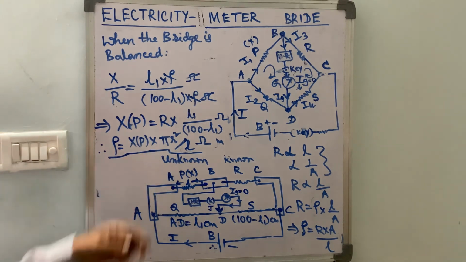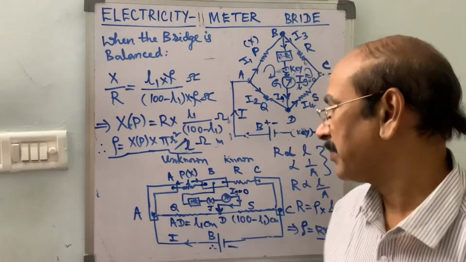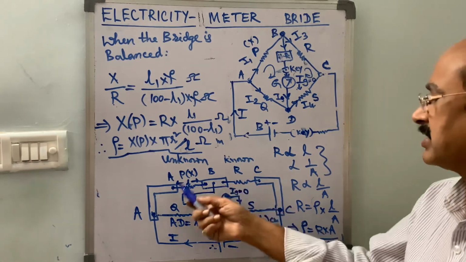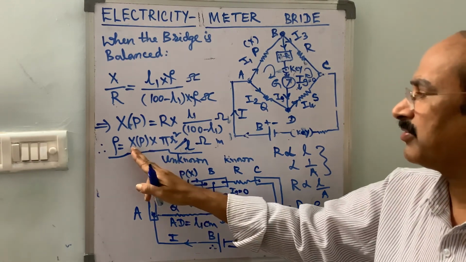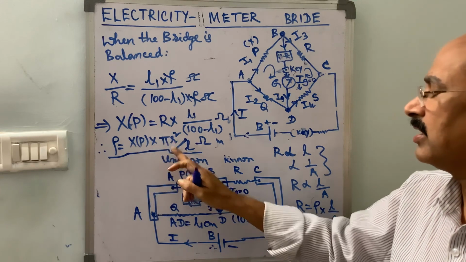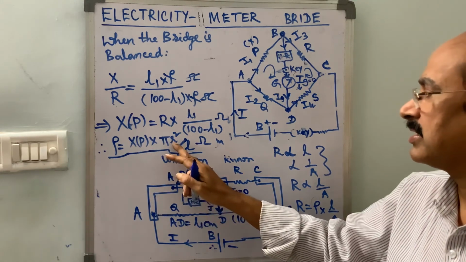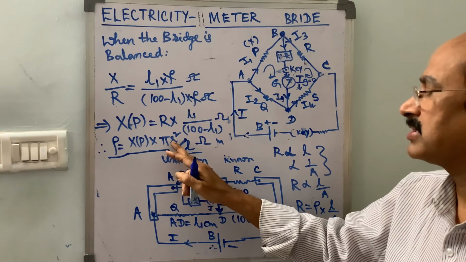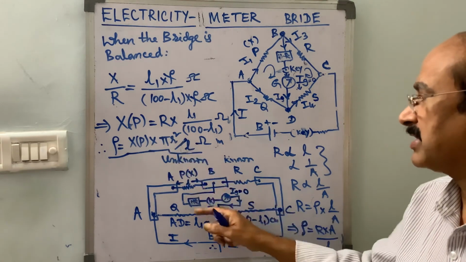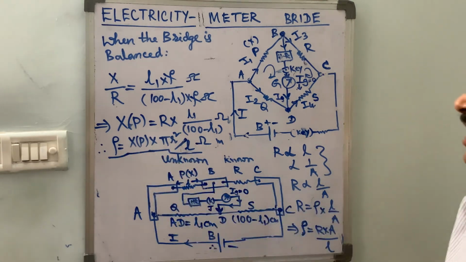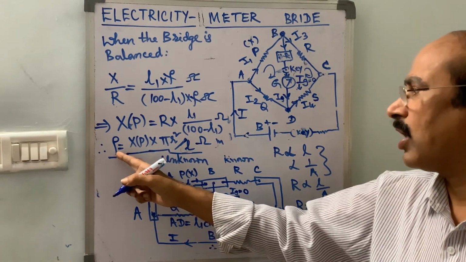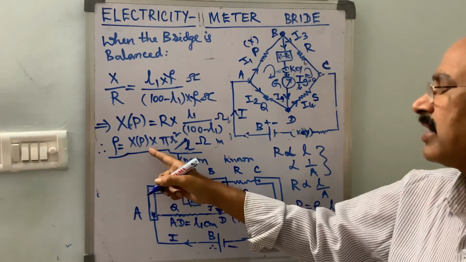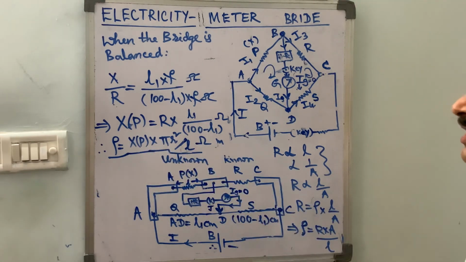So from this equation we shall determine the unknown resistance by using this meter bridge, and by substituting the value of the unknown resistance, the unknown wire length L and its cross-sectional area pi r square, we shall obtain the value of specific resistance rho equal to X into pi r square by L.